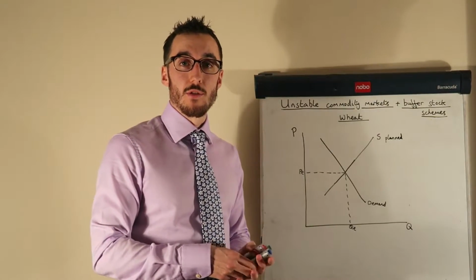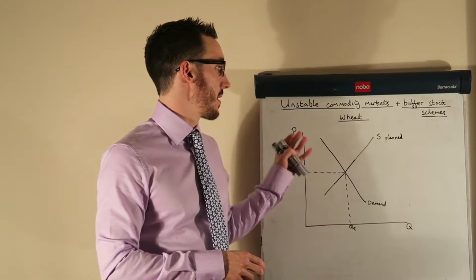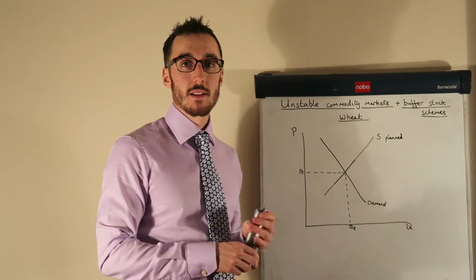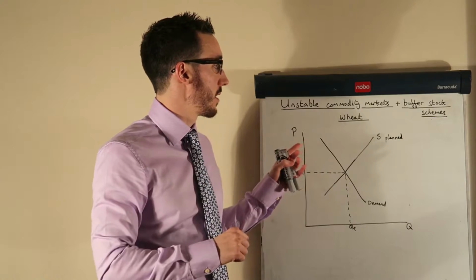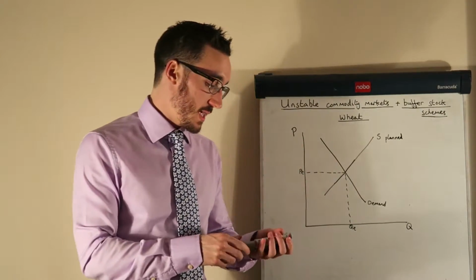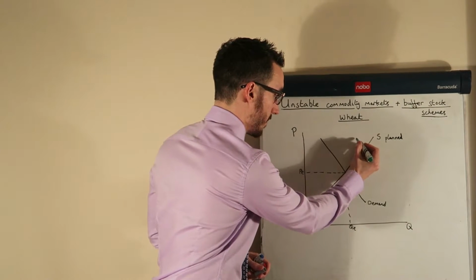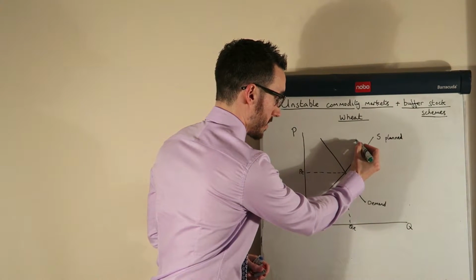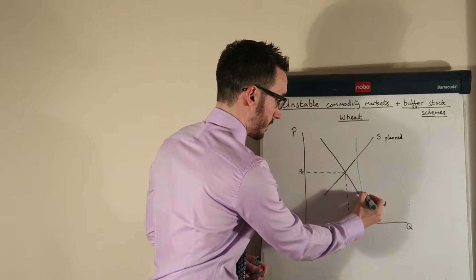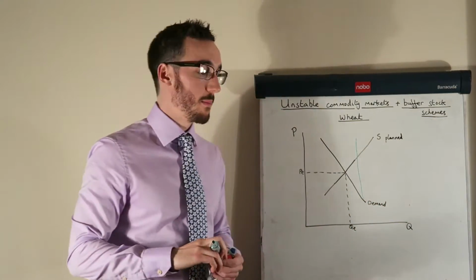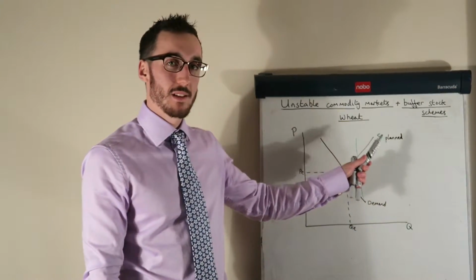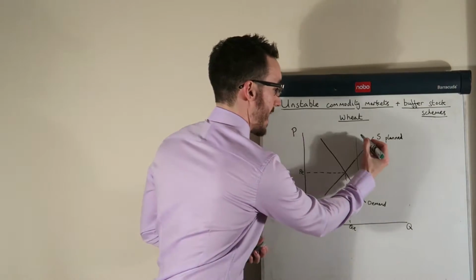So in the classroom, the way we looked at unstable commodity markets and government buffer stock schemes is we looked at it using a straight line like this. So if you remember, there was the planned supply and the actual supply.